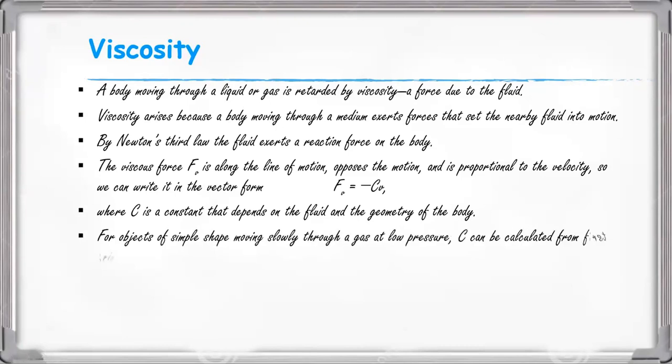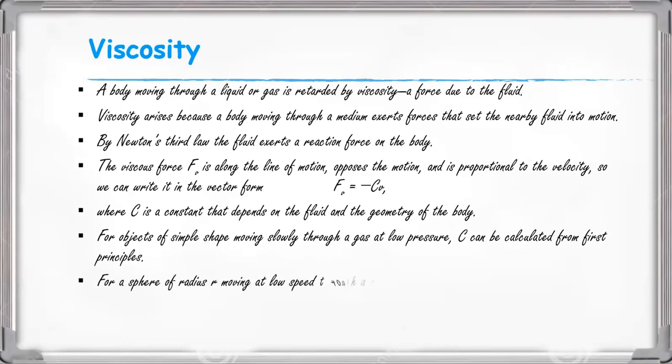For objects of simple shape moving slowly through a gas at low pressure, C can be calculated from first principles, for simple shapes or regular shapes.